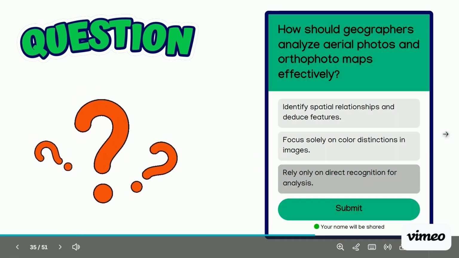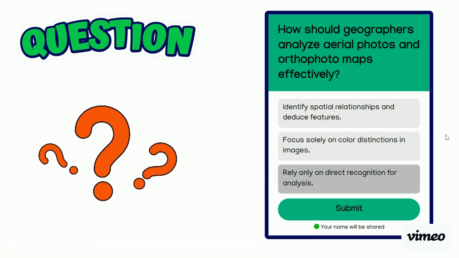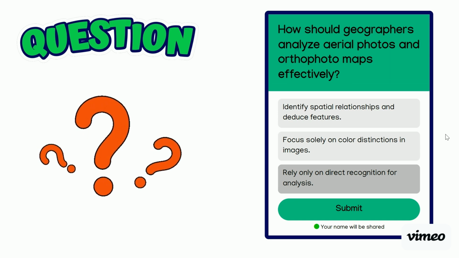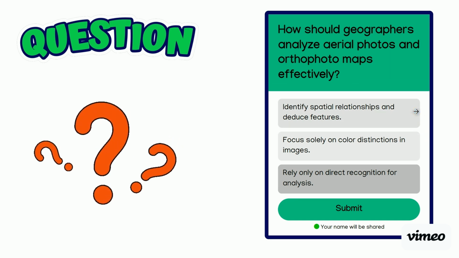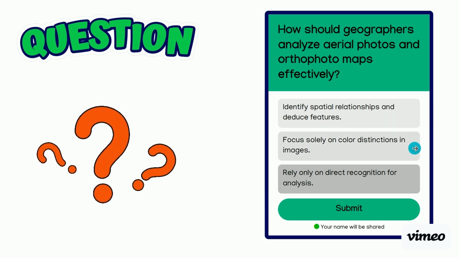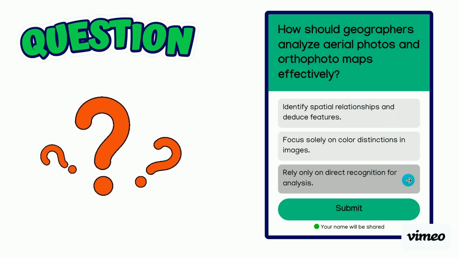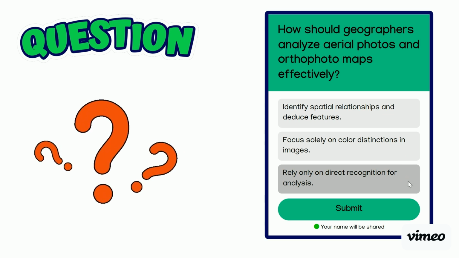One more question. How should geographers analyze aerial photos and orthophoto maps effectively? Is it to identify spatial relationships and deduce features? Or focus solely on color distinctions in image, or rely on direct recognition for analysis?